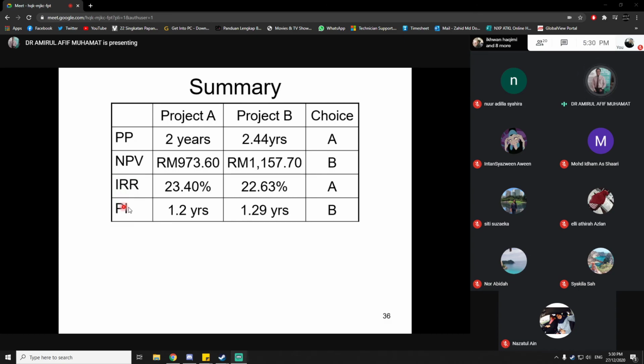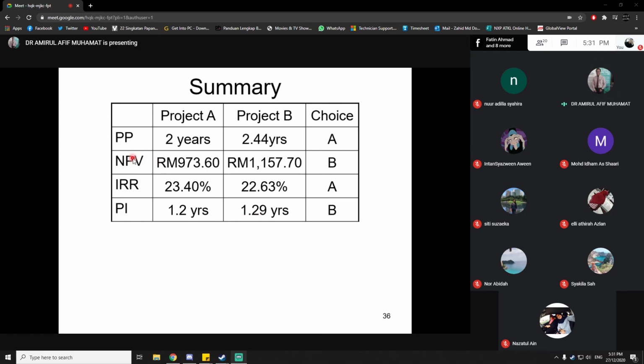Okay, but basically PI, as I mentioned earlier, is the extension version, or extended workings from NPV. Macam tadi saya tunjuk kan, NPV you find the income times with factor and then you minus with the initial outlay. PI proses sama juga, you times the income with factor and then here you divide with initial outlay.